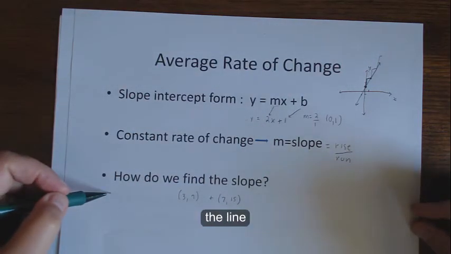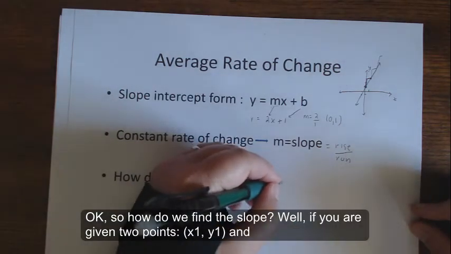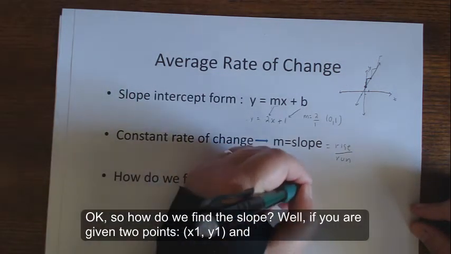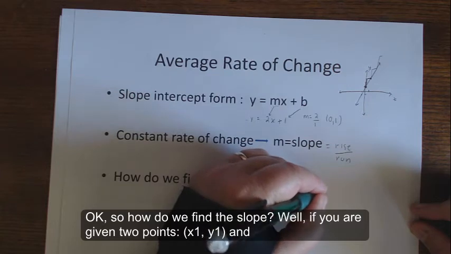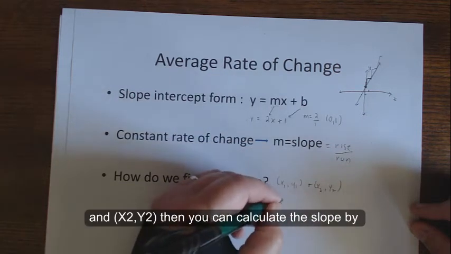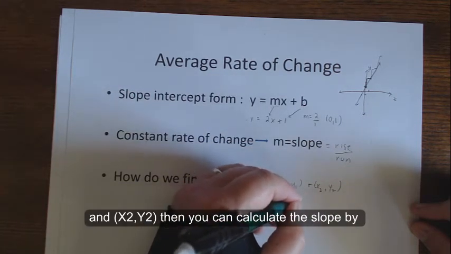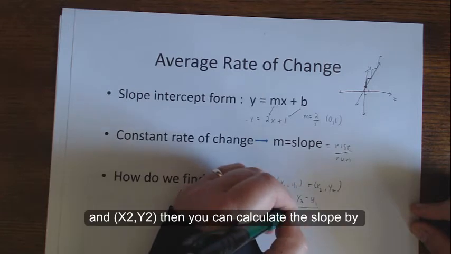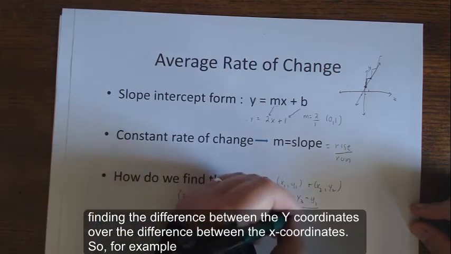Okay, so how do we find the slope? Well, if you're given two points, (x1, y1) and (x2, y2), then you can calculate the slope by finding the difference between the y coordinates over the difference between the x coordinates.